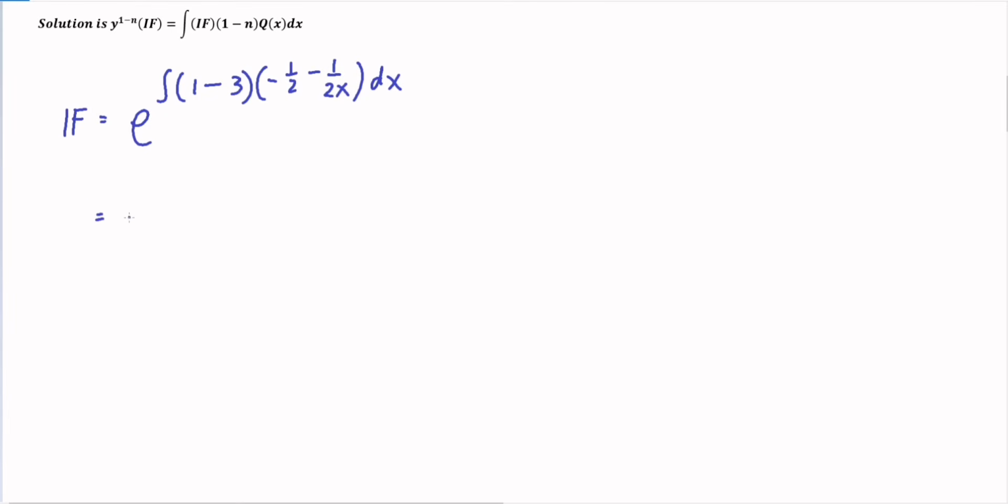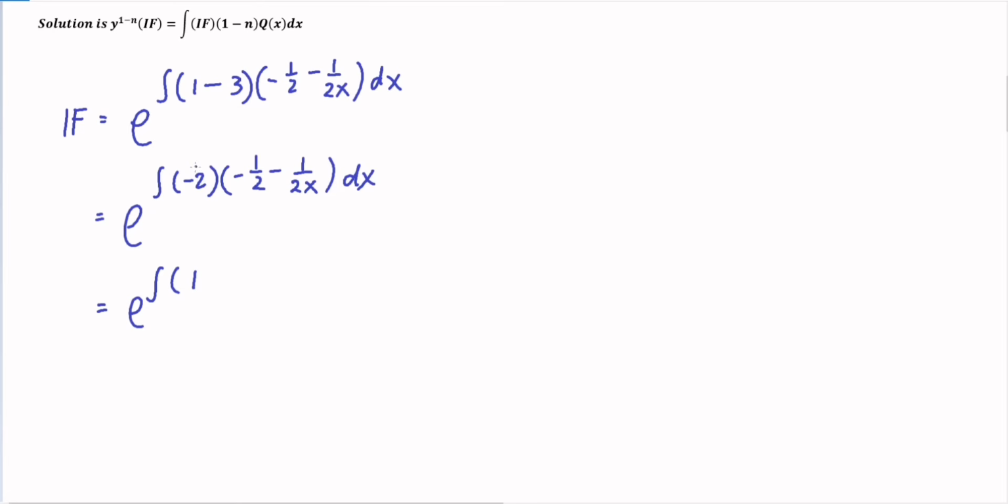Let's simplify as much as we can before integrating. So, e raised to the integral of 1 minus 3, which is negative 2, times negative 1/2 minus 1 over 2x dx. Distribute the negative 2. Negative 2 multiplied by negative 1/2 becomes positive, and the 2s cancel, leaving positive 1.